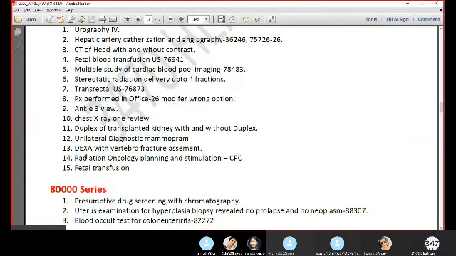Then next, radiation oncology treatment planning and simulation for two separate areas. 77262, only one code? No, simulation is a separate code: 77285. So 77262 and 77285.